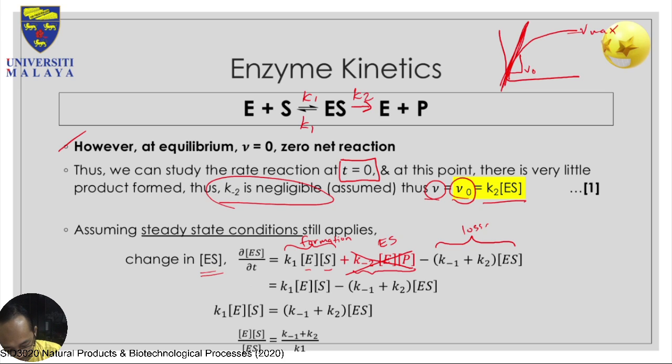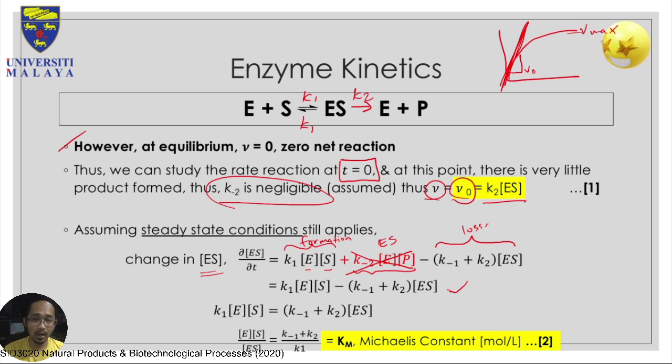Therefore you get a new equation, which is K1 times the concentration of E times the concentration of S minus K minus 1 plus K2, the rate constants, times the concentration of ES at that particular point. When we rearrange this, you get the concentration of E times the concentration of S divided by the concentration of ES equals the rate constants K minus 1 plus K2 divided by K1.